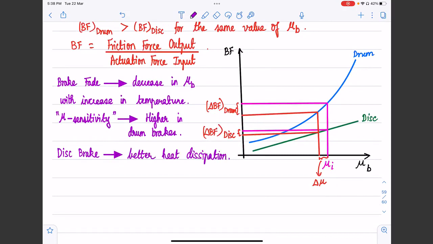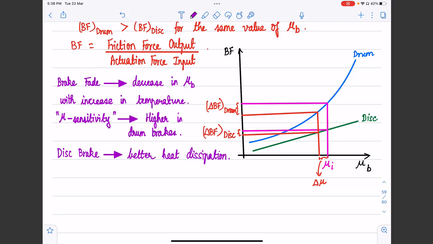Why? Because disc brakes will be able to dissipate the heat energy resulting from friction braking, and this will ensure that the value of mu b will not reduce by a large extent when compared to the drum brake in the first place.